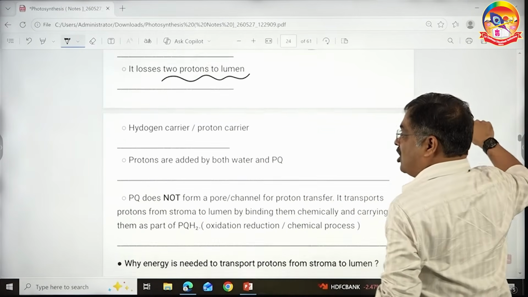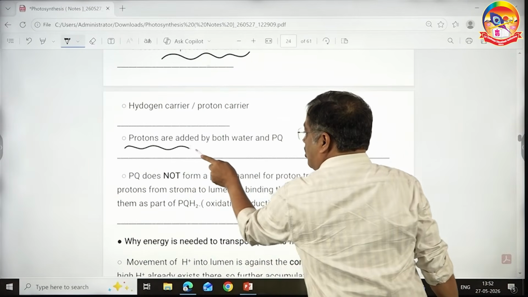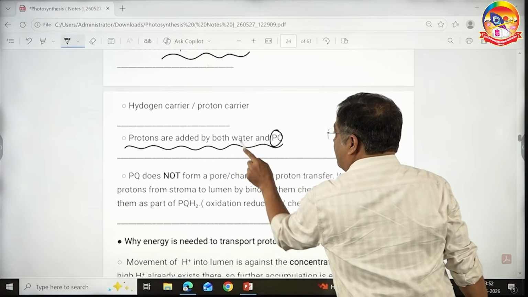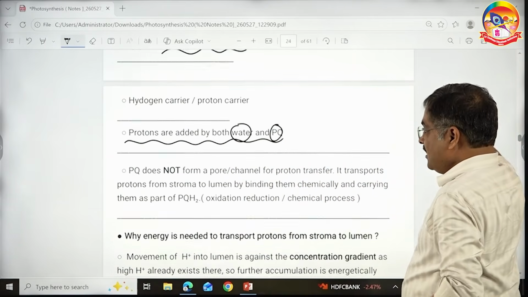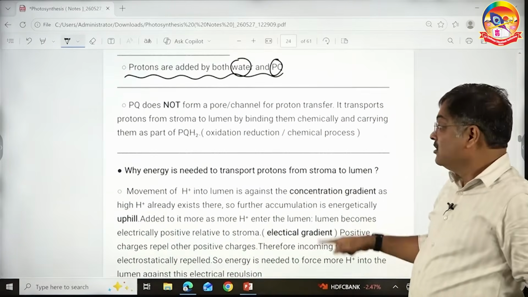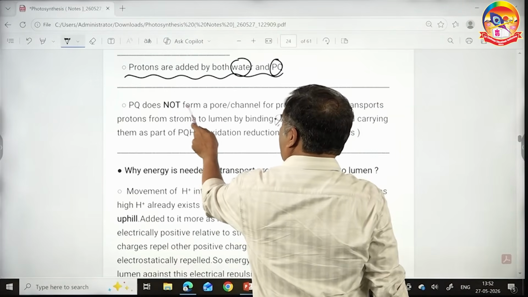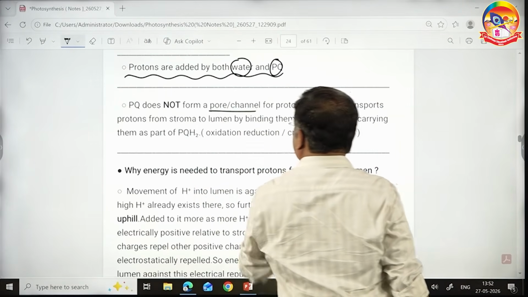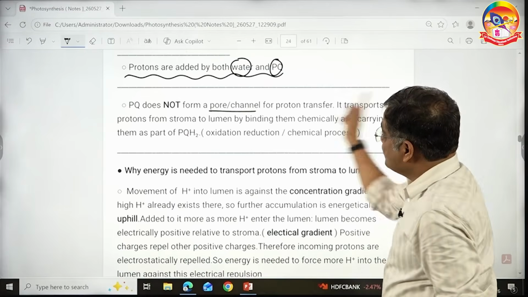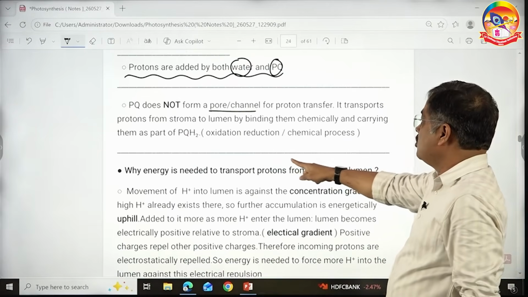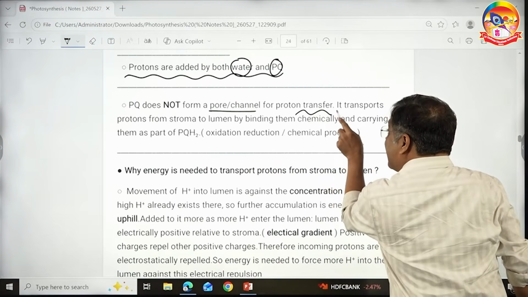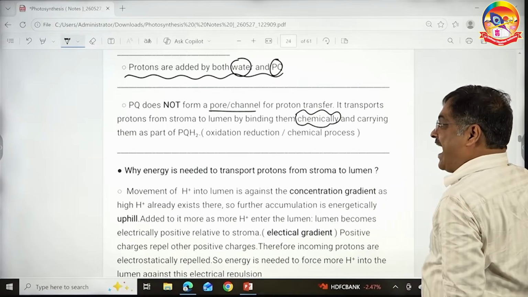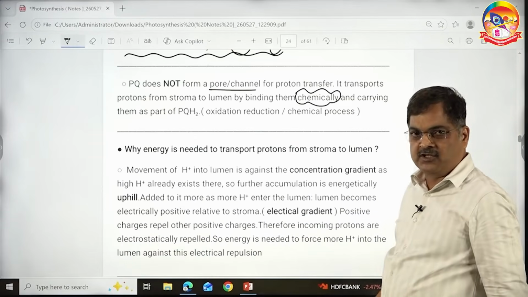Protons are added not only by PQ, but also by water. Now, look here, what did I write? PQ does not form a pore or a channel for proton transfer. It transfers protons from stroma to lumen by binding them chemically and carrying them as a part of PQH2.